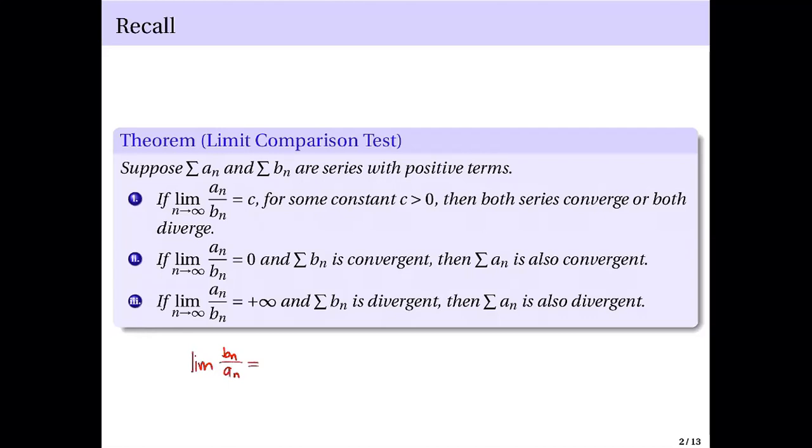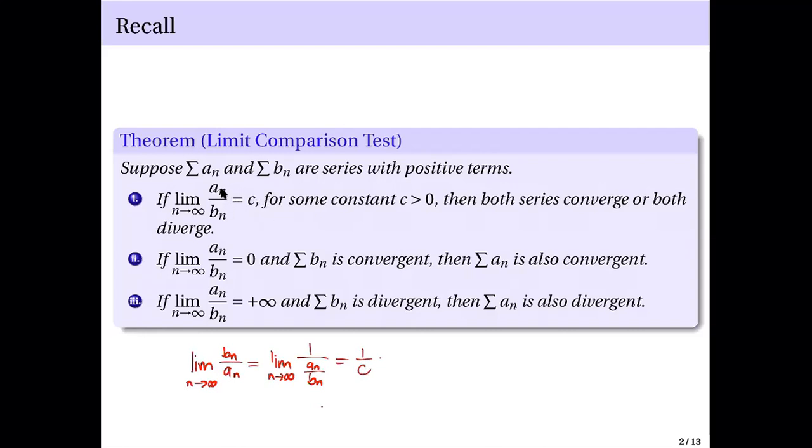This is simply the limit of 1 over AN over BN as n approaches infinity. Then, this limit here, it's just 1 over C. And this C here, since it is positive, it's not equal to 0, 1 over C exists.